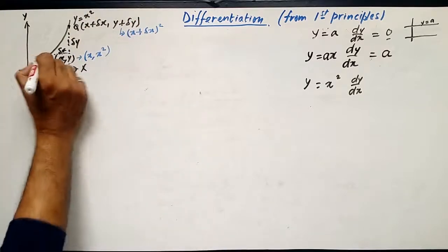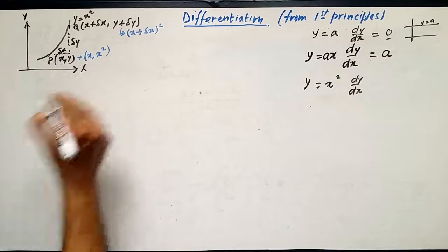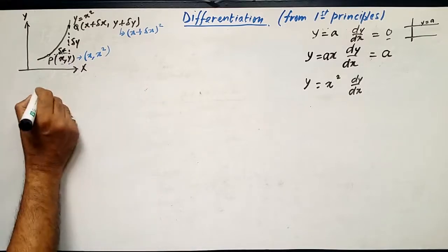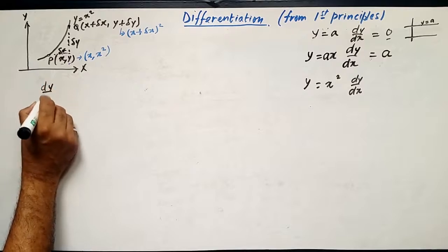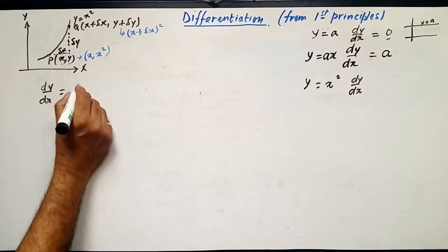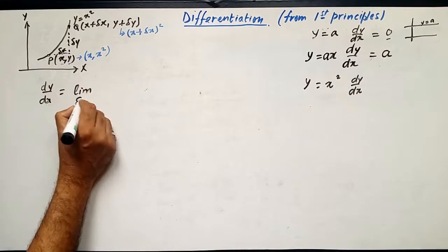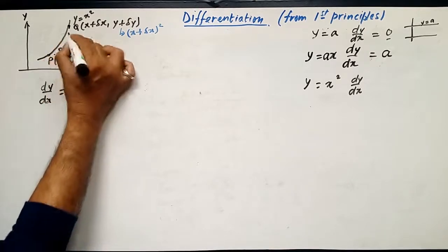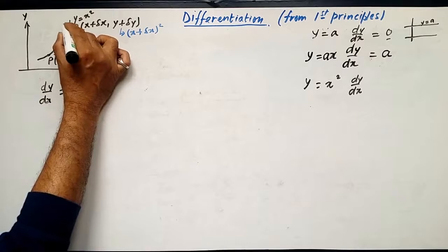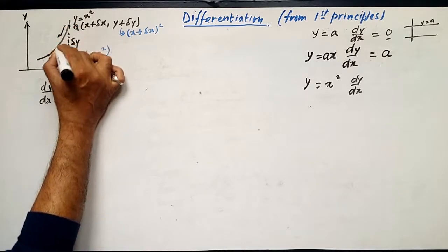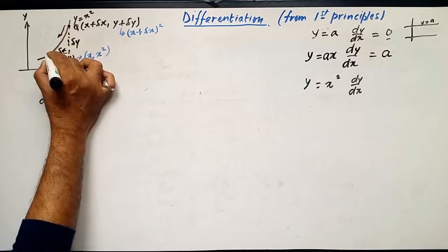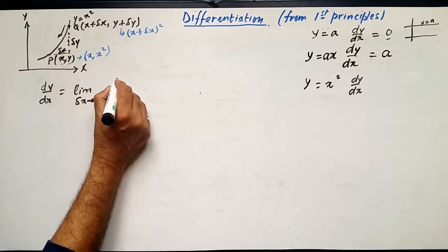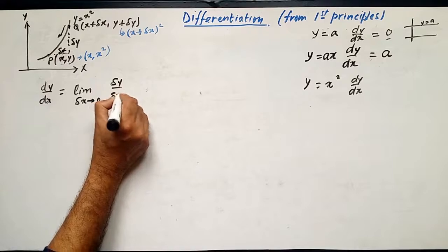Now we all know that the slope at the point P is defined as dy by dx is equal to the limit as delta x approaches 0. As delta x approaches 0, we are going along this curve and Q is approaching the point P. So this is the limit as delta x tends to 0 of delta y by delta x.